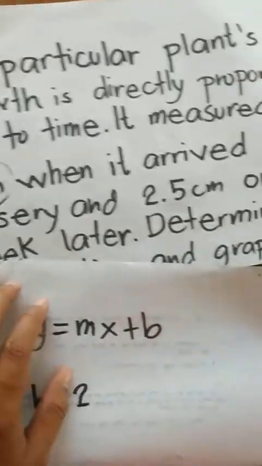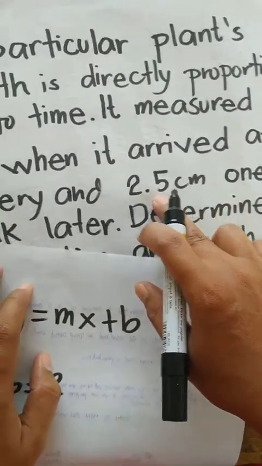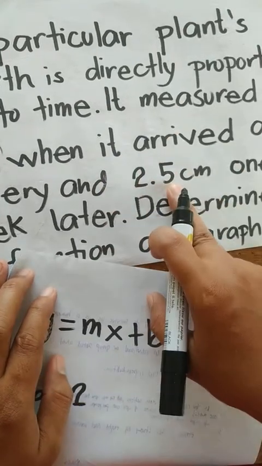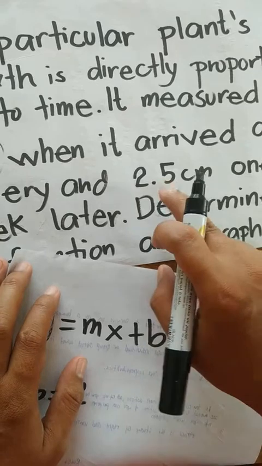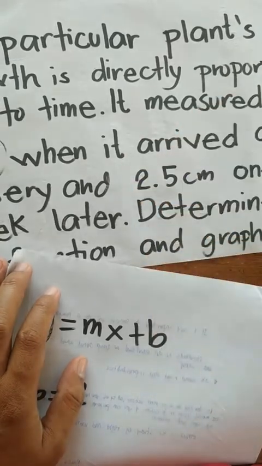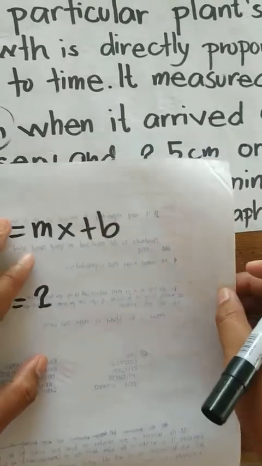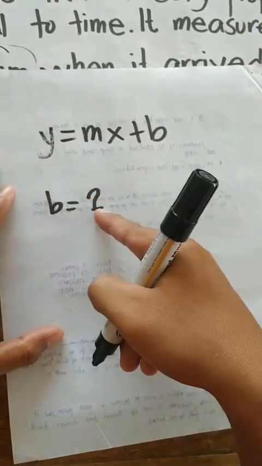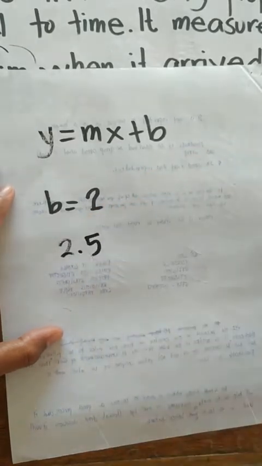When it arrived at the nursery, and 2.5 centimeters 1 week later. So after 1 week, it is 2.5 centimeters, which obviously is not our slope. It is 2 centimeters when it arrived, and 1 week later it is 2.5 centimeters.